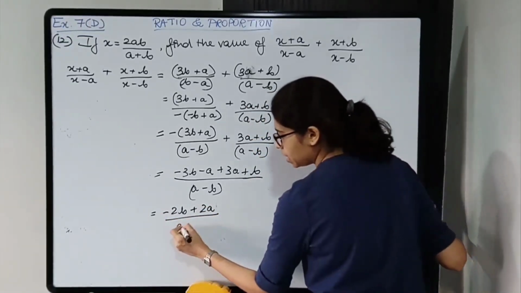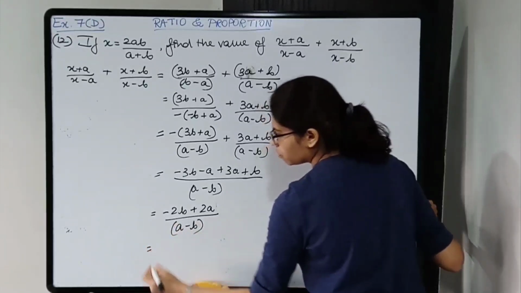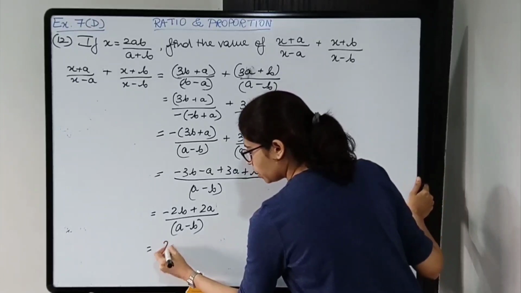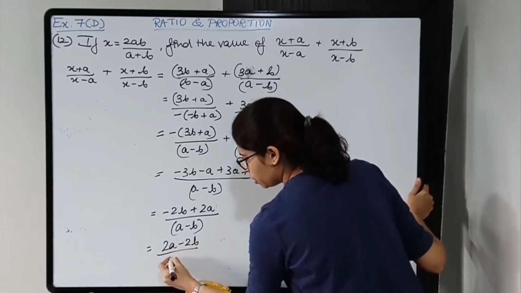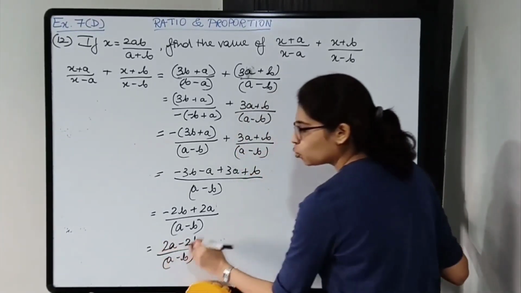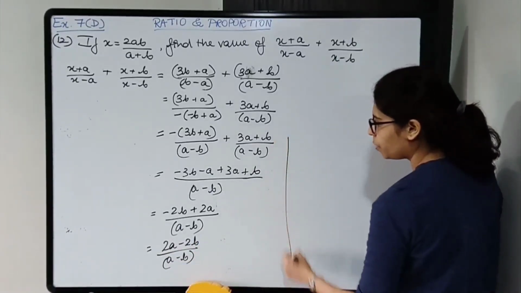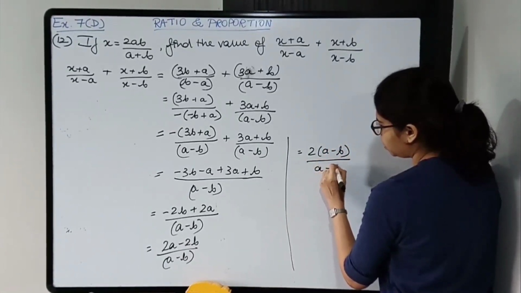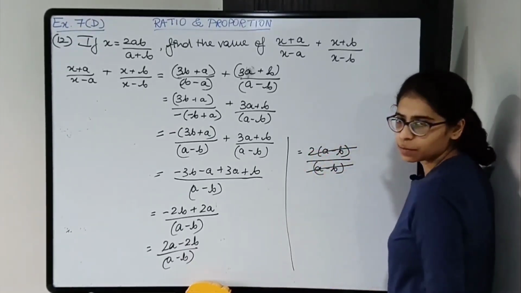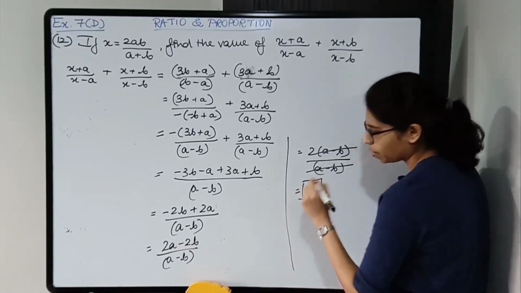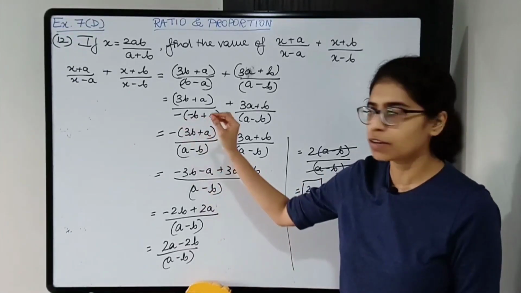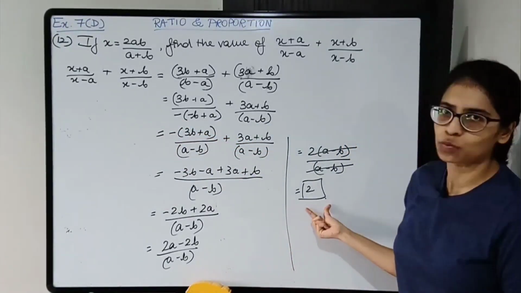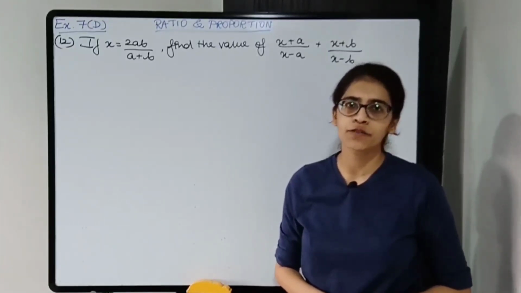If you make mistakes then your answer will go wrong. So we have 2a minus 2b upon a minus b. I can take 2 common, so you have a minus b in brackets upon a minus b. I can cancel out a minus b, so I'm left with 2. Box this. We got the value. So write down after this, x plus a upon x minus a plus x plus b upon x minus b is equal to 2.